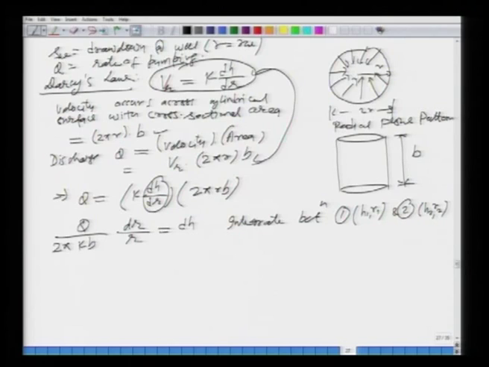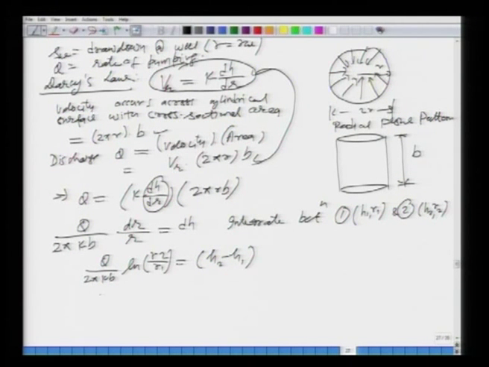If you do that to this equation, what you will obtain is this: Q over 2 pi K b is constant. This will be log of r integrated between r1 and r2, which will be natural log of r2 over r1. Integration of 1 times dh is h, so this will be h2 minus h1.